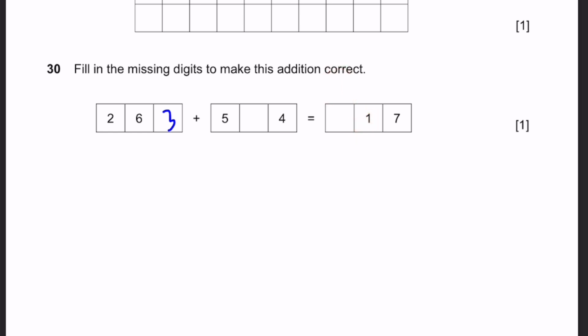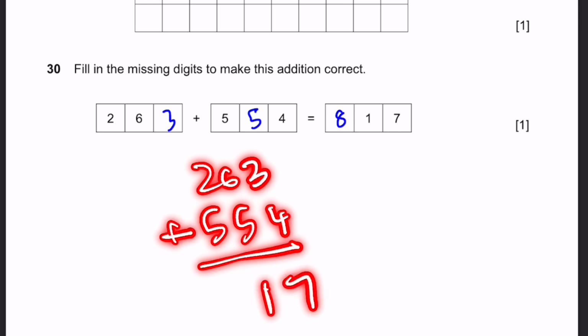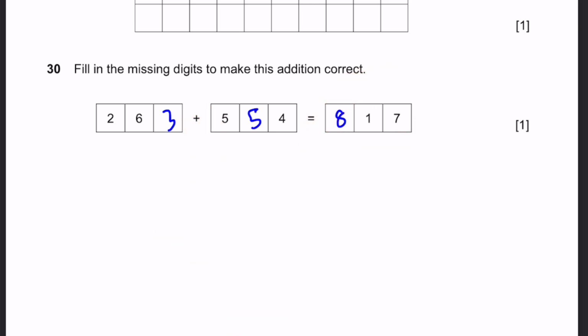So 6 plus 5 is equal to 11, so you can put a 5 there. Remember, there's a 1 carry over. So 2 plus 5 plus 1 from the carryover, we get 8. Now we verify. 263 plus 554, we get 7, 1 carryover, 8. And it is 817. So that's the answer.